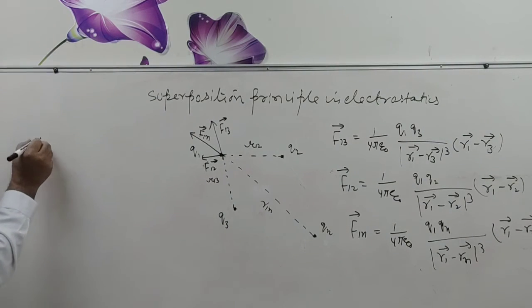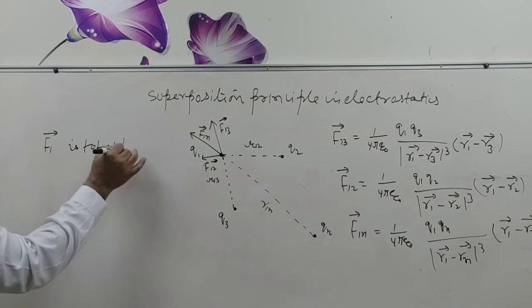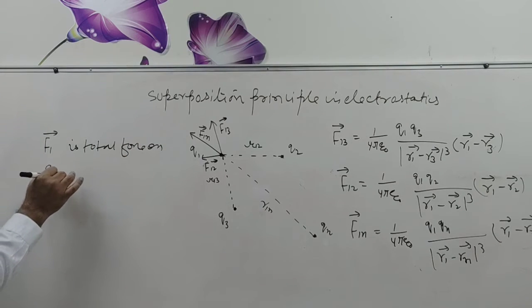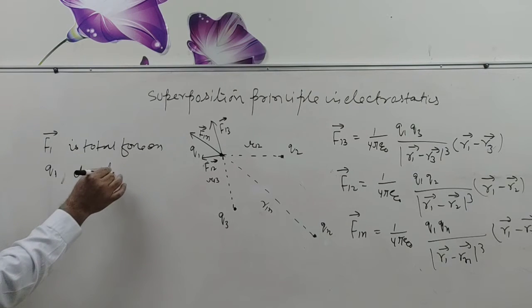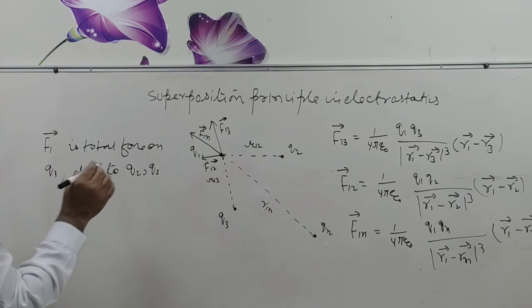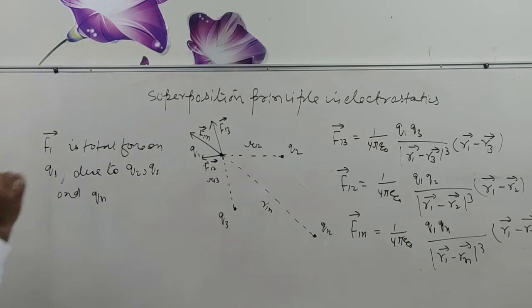Then the vector F1 is the total force on Q1 due to Q2, Q3 and Qn.